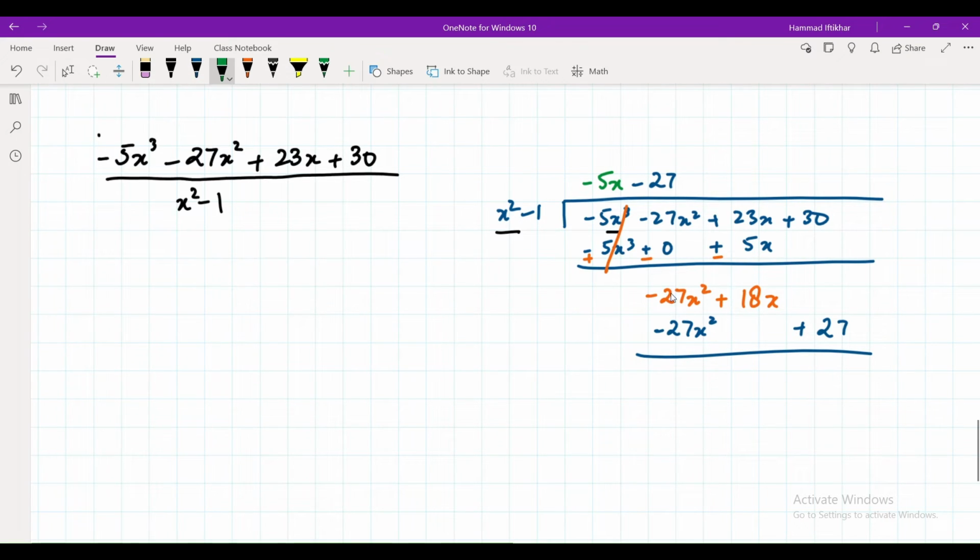Now plus, this remains as it is, negative. So we could add a 30 over here also. So 18x plus 3.